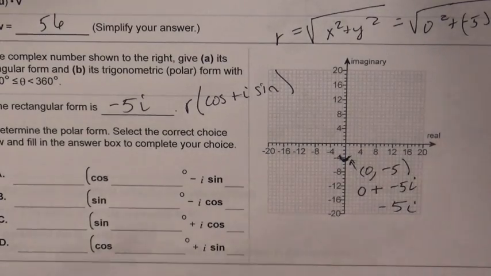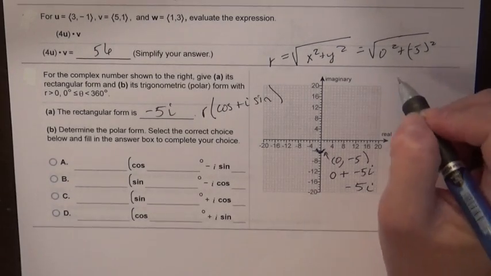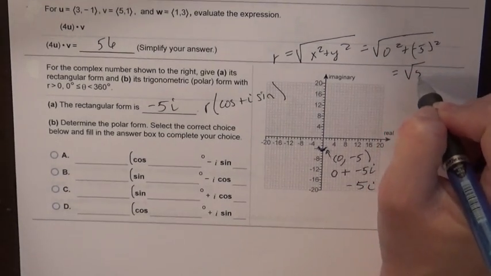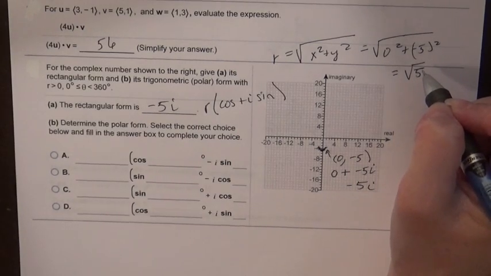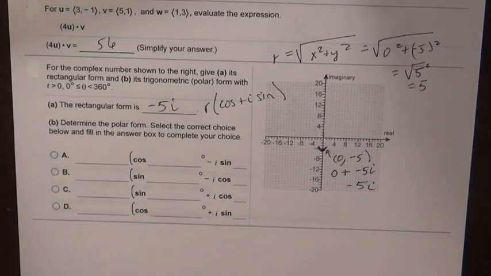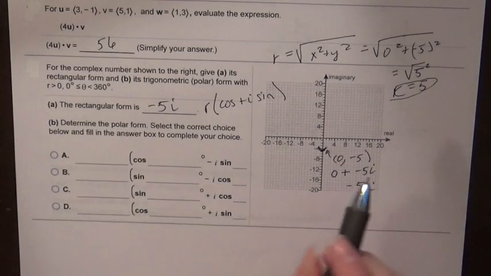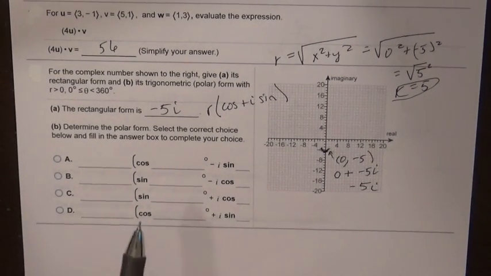Okay, so I'm going to have to zoom out a little bit. So that gives us the square root of 5 squared, which is 5. So r equals 5. And then we have to put it in the one that says cosine plus i times sine.